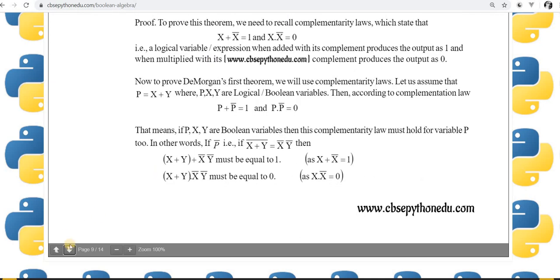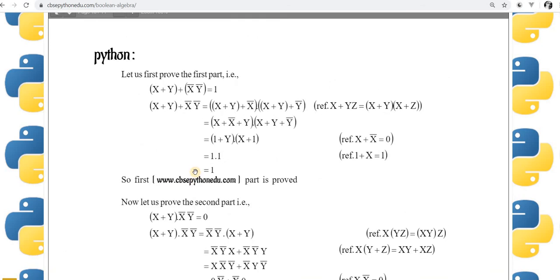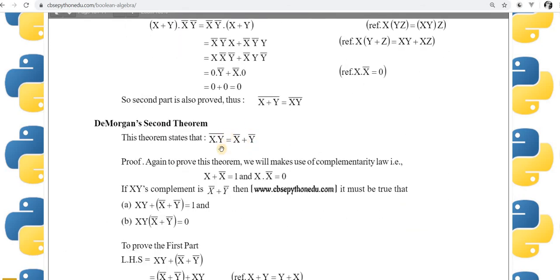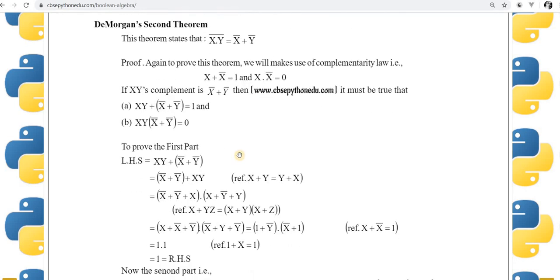And the second law is, if x into y whole bar, then we can write it x bar plus y bar. Now I want you to prove these two laws using truth tables and show me.